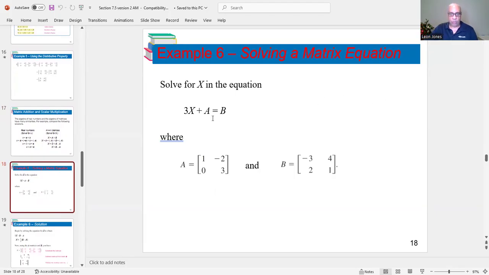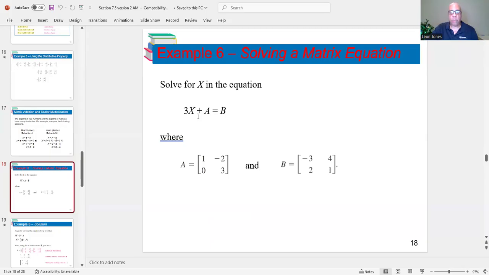in the equation 3x plus A equals B, where you have A and B. So what are you going to have to do? You really want to solve for x. Well, first, you're going to move A to the other side where B is. So you're going to subtract both sides by A, and then isolate x.